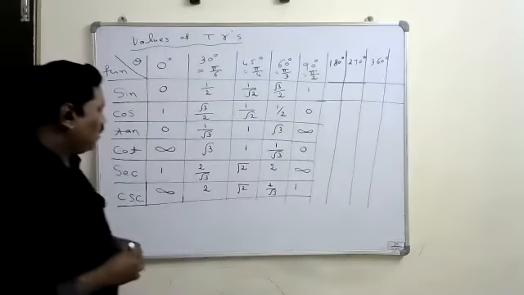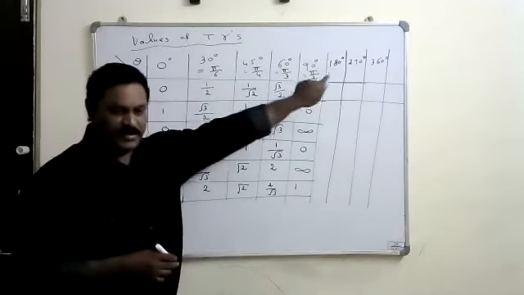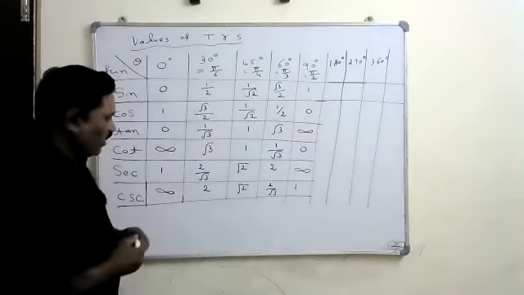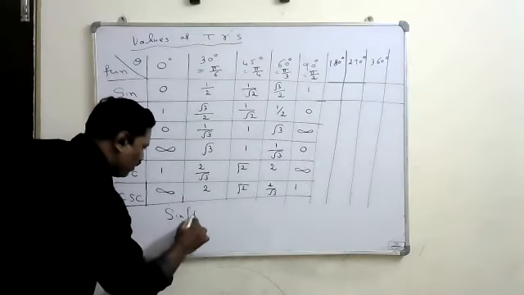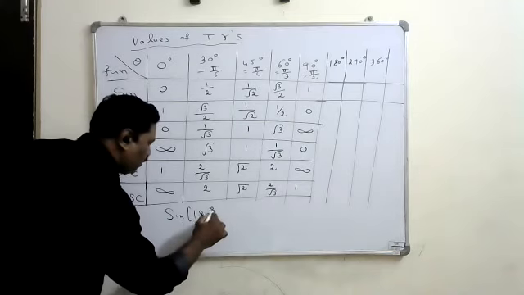First, I will calculate the value of sine 180 degree. I can write 180 degree as 180 degree plus theta, or plus 0.